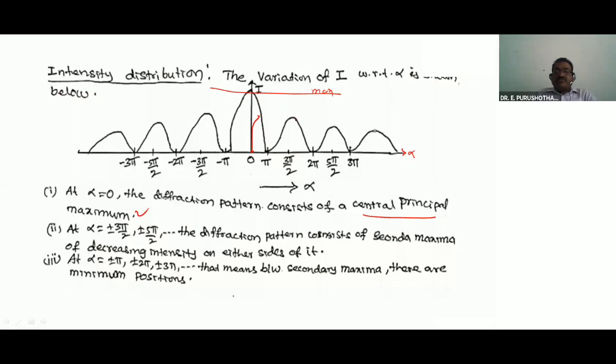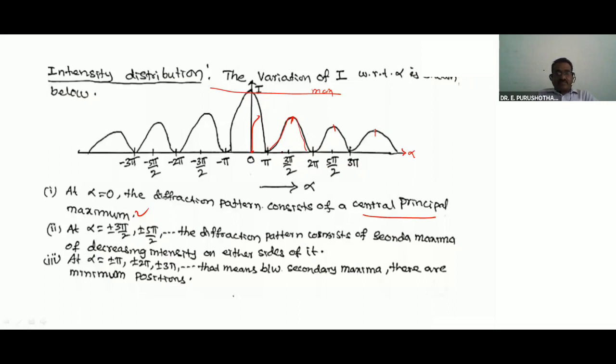At alpha is equal to 3 pi by 2, the diffraction pattern consists of secondary maxima of decreasing intensity on either side. On the right side the value decreases, and on the left side also. So there is decreasing intensity on either side of the principal maximum.